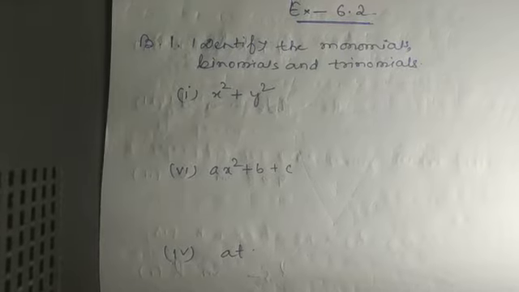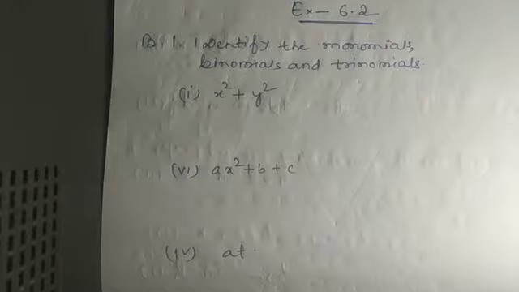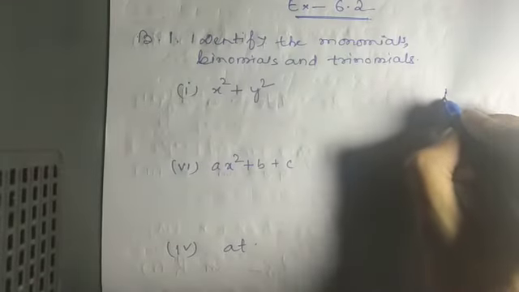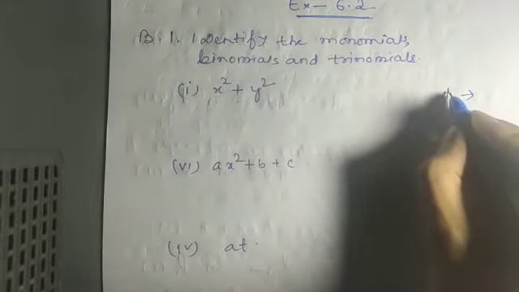Before we start the questions of question number 1, let's understand what monomials, binomials and trinomials are. Whenever an algebraic expression is given, if one term is there in that expression, then that is called a monomial.